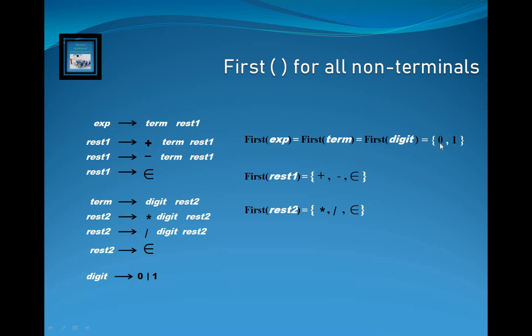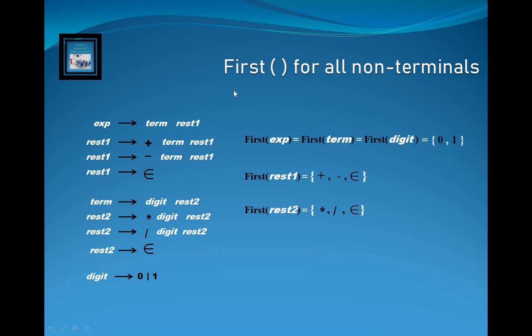That is simple to understand. So you can directly get the first set of digit from this grammar, and then the same set is the first answer of term and the first answer of expression. So first of exp, first of term, and first of digit are all the same, and that is the set containing the two tokens 0 and 1.